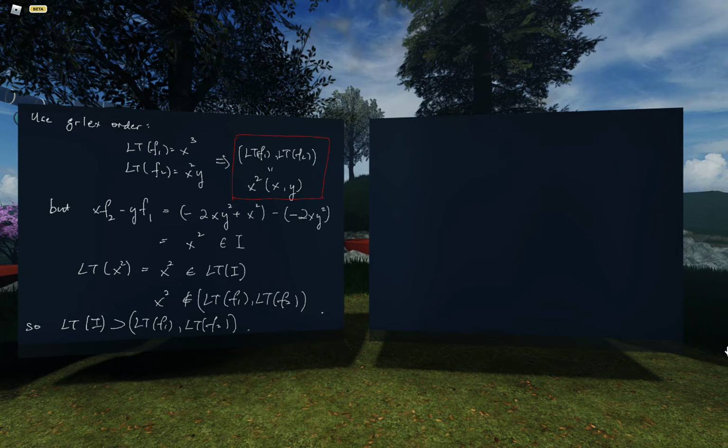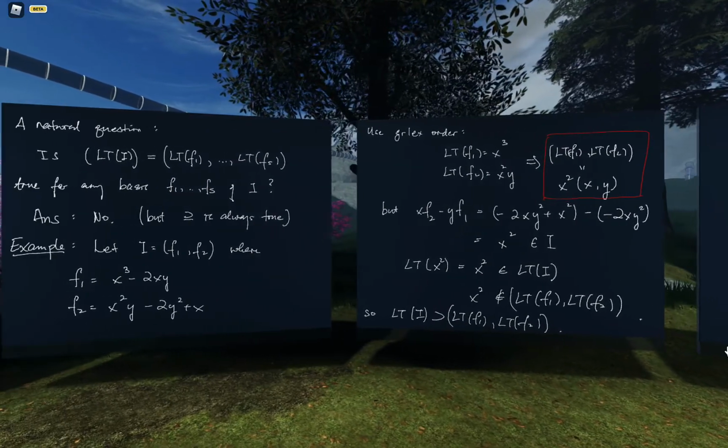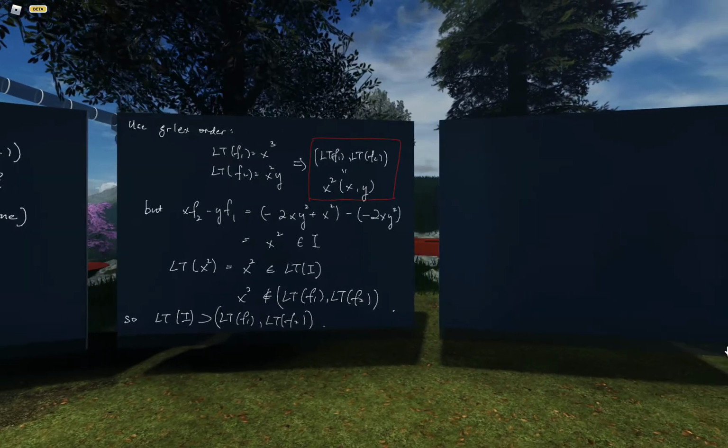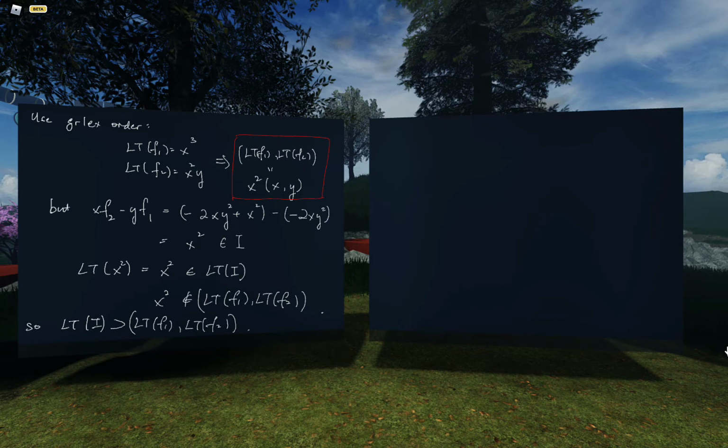Whenever you write down some equality that you think might be true and it doesn't always hold, the next natural question is: for which bases does this hold? Are there any bases of I where equality holds for the equation we wrote down on board number 2?